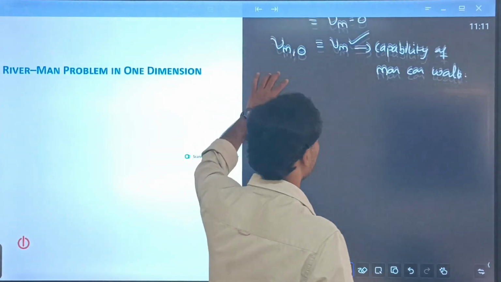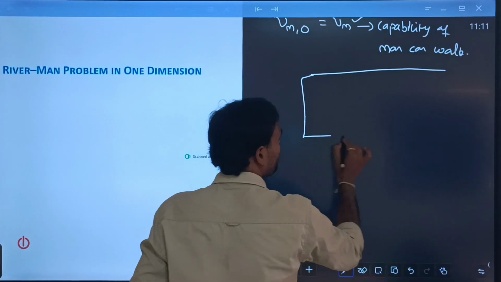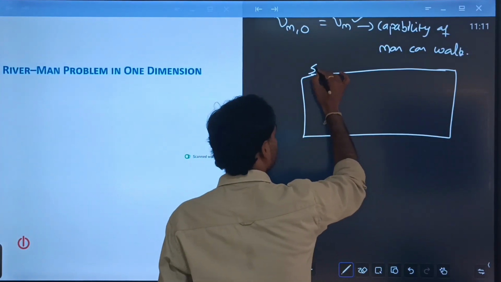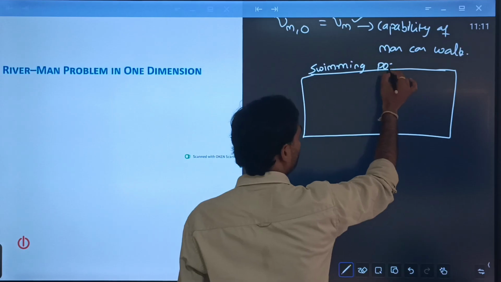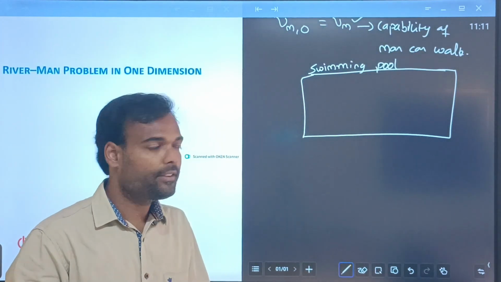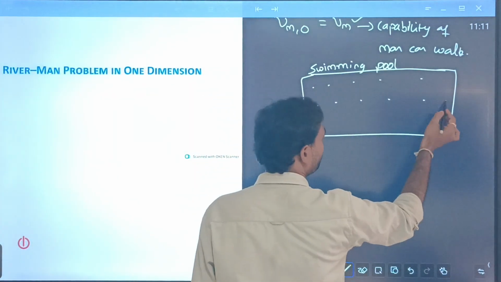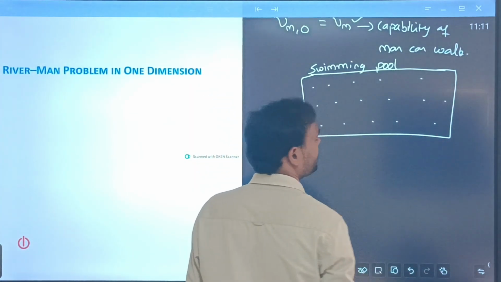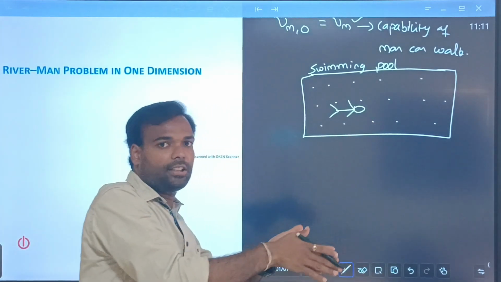Here the second case is a little bit logical. Suppose here a swimming pool is present. Right? A swimming pool is present. In this swimming pool, suppose a certain amount of water is existing. Right? And here a person is swimming in the water.